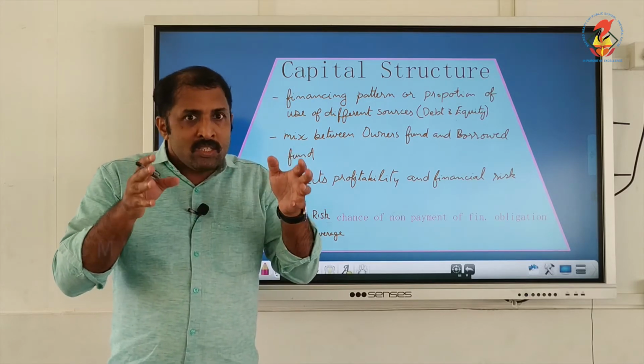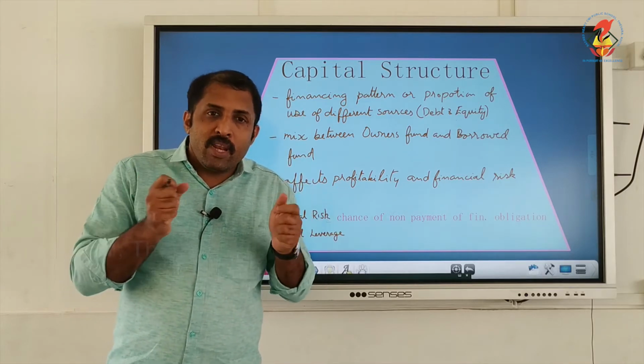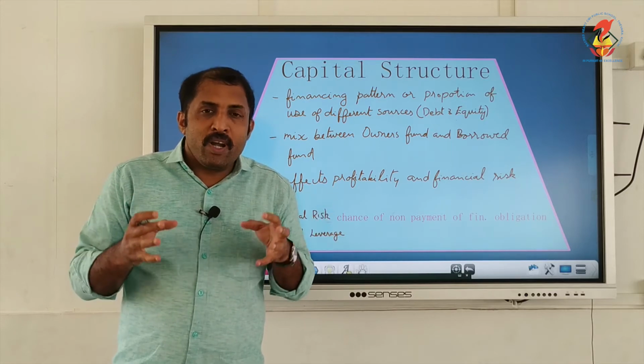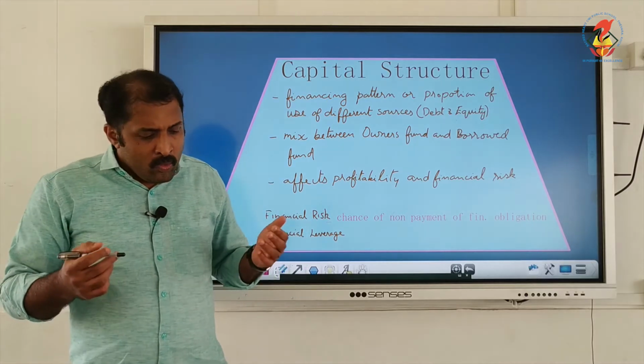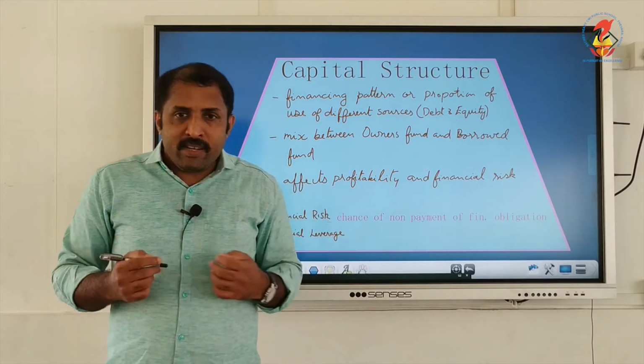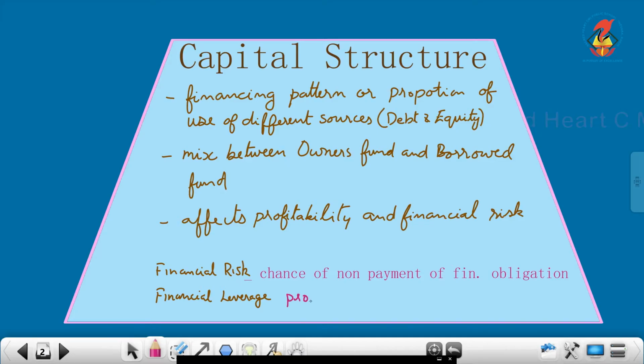So that is what is to be kept in mind when we are combining these financial sources, borrowed fund and owners fund. The proportion of debt in overall capital is termed financial leverage.